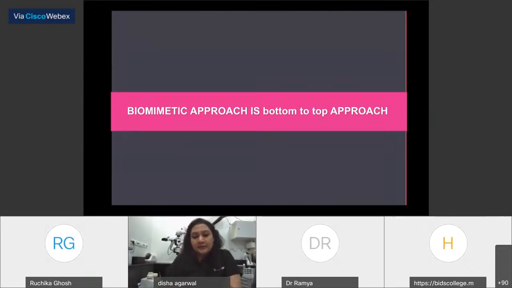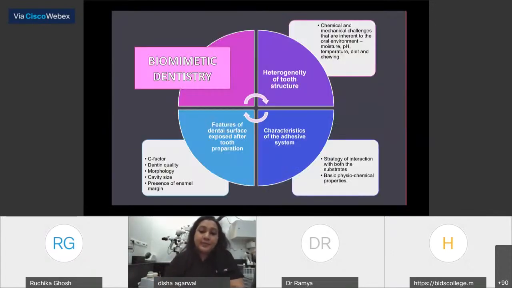So a biomimetic approach is a bottom to top approach. What do we mean by that? We start at the base and slowly build up the tooth, rather than building up the tooth and then going in. We start treating from the bottom level.